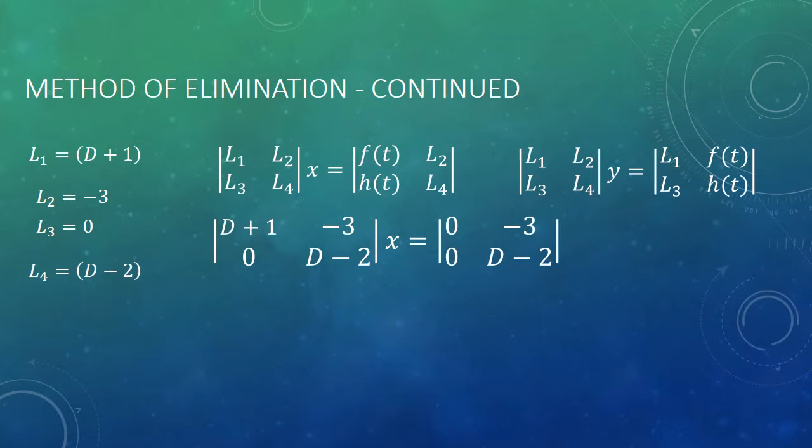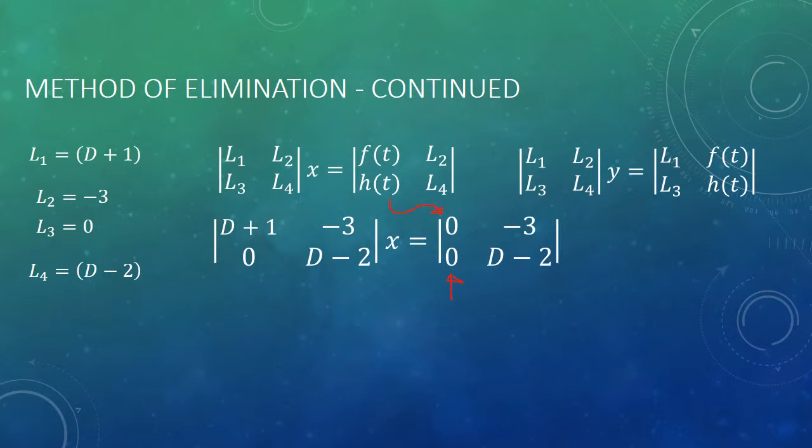So if I plug in for my x, I plug in my L1, my L2, my L3, and my L4. I've got this determinant, and then here's my function f of t, and here's my function h of t. And I've plugged that in, and I've removed this column so that with those replaceable functions here, that's this column right here.